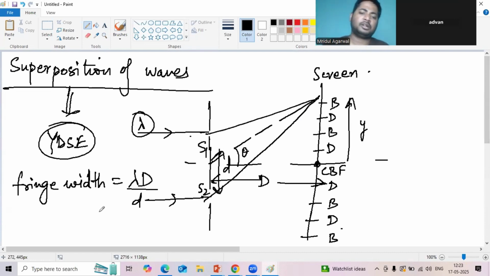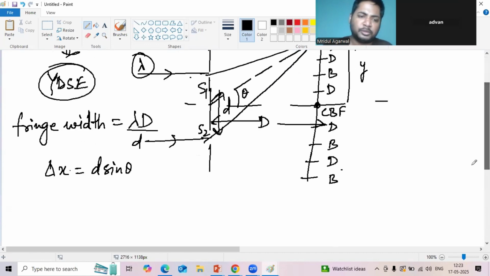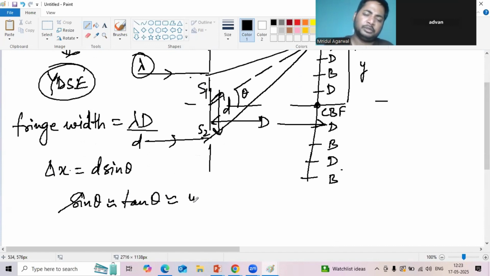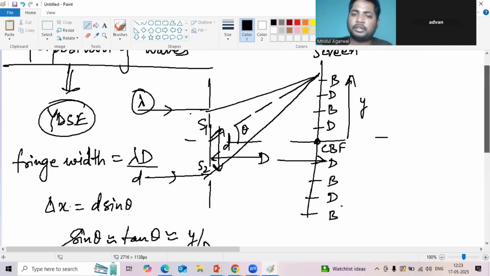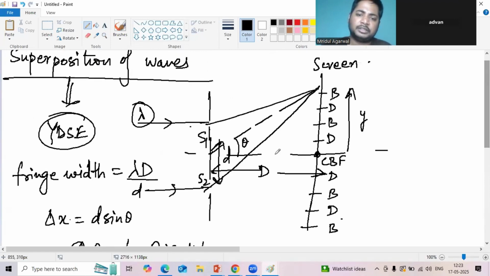The path difference created between the two is given as d sine theta, and sine theta is almost equal to tan theta, which is given by y by D. You can see over here as well, because this is your vertical distance, and this is your D.